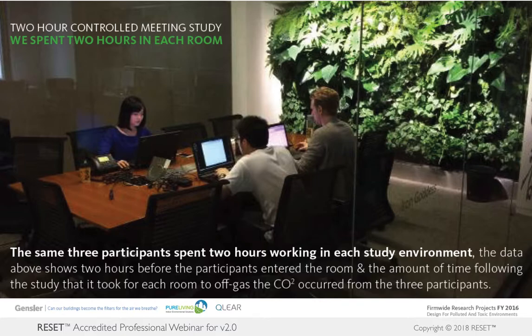One was called the gray room, where there was no green wall, and the other was the green room, where, as the name would suggest, they had installed a green wall. And they were really trying to study the effects of the plants in the reduction of CO2. So hence the 2-hour controlled meeting room study to measure the CO2 reduction. And again, the occupants are not interacting. They're not talking to one another. They're just sitting there.